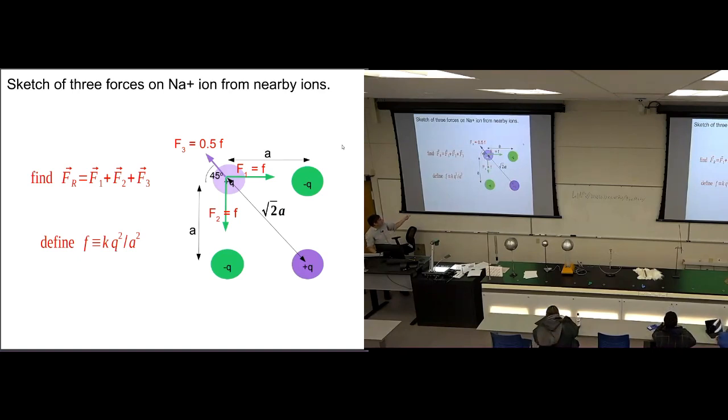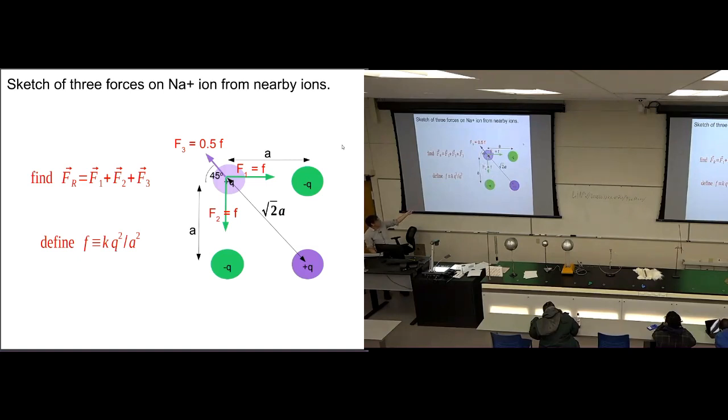I picked that because kq squared over a squared, that little f, is the size of the force due to this bottom left charge. It's at a distance a away. The two charges are both size q, and so this force is kq squared over a squared.